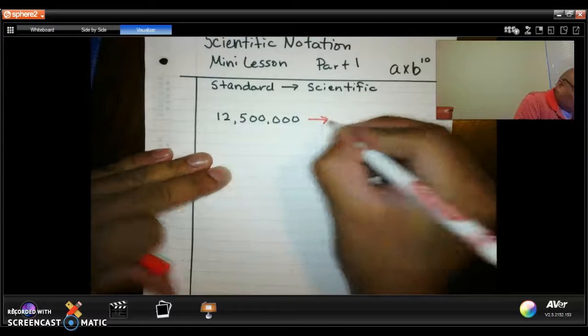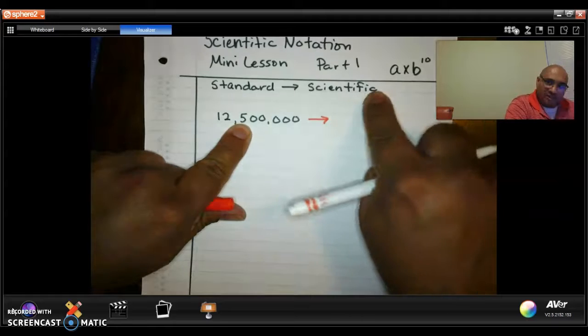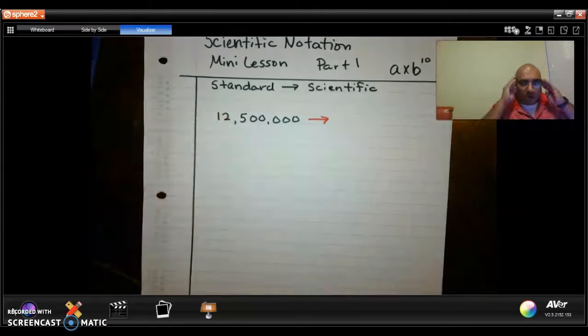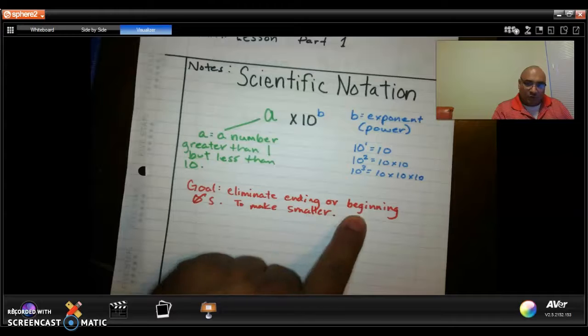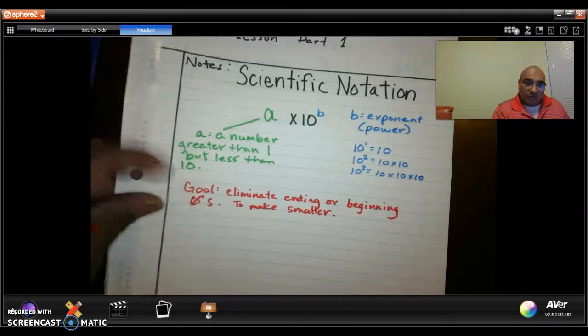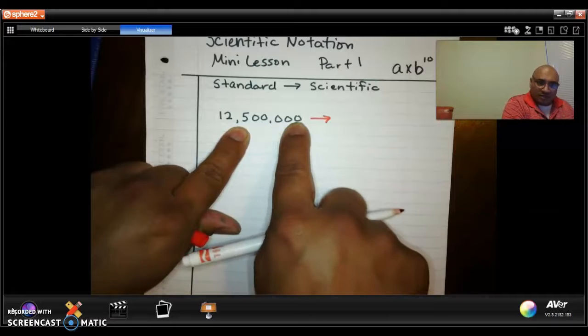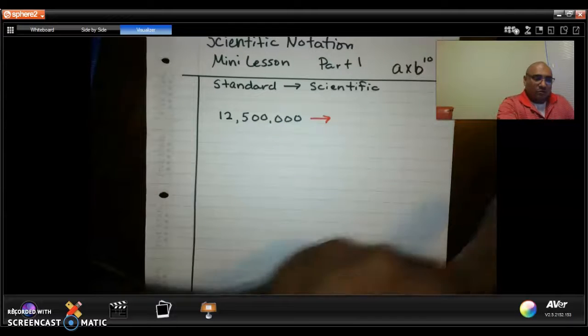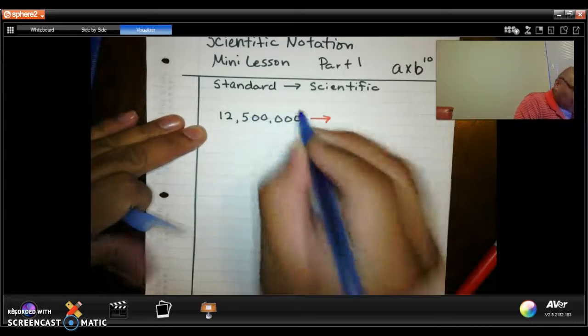So converting this from standard form into scientific notation, remember our goal. Our goal was we want to eliminate ending or beginning zeros to make it smaller. So looking here, I see a whole bunch of zeros at the end. I want to try to eliminate those.